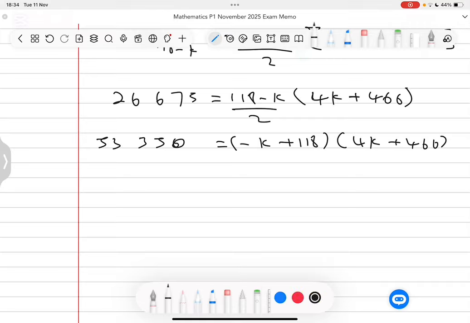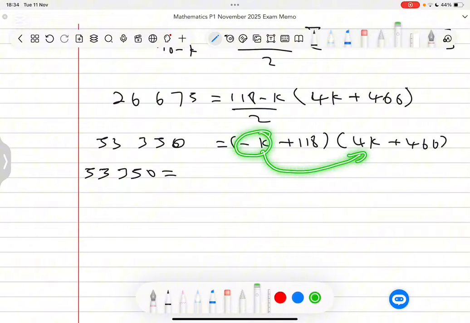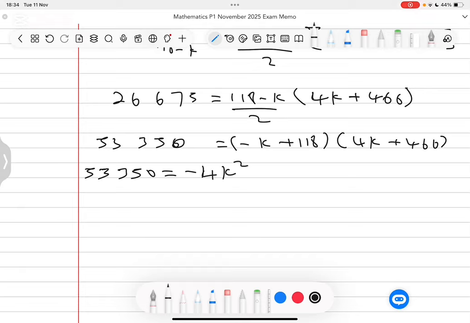I can expand that to solve this. So I'm going to have 53,350, and this would be equal to, now we're going to say negative k times 4k, and that should give me negative 4k squared. And we are going to say negative k times this here.